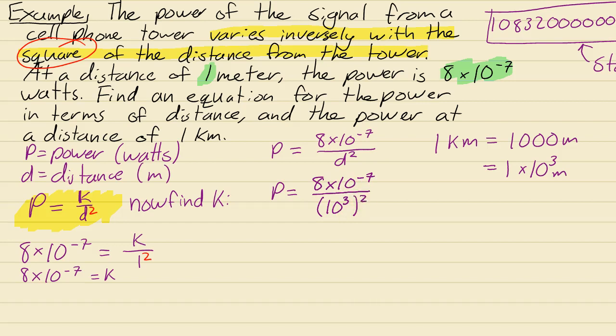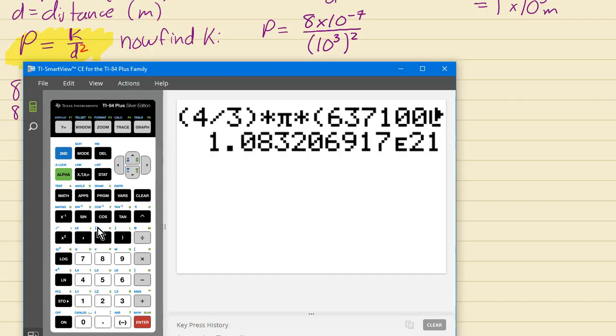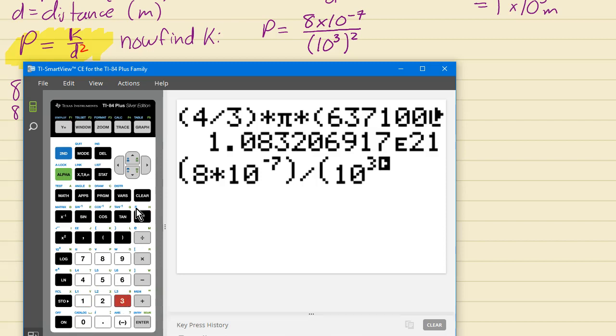And we can plug this into a calculator too. I'll have the numerator as 8 times 10 to the power negative 7. Whoops, except I need to get that parentheses out of the exponent, like so. Divided by the denominator, which is going to be 10 to the power 3.